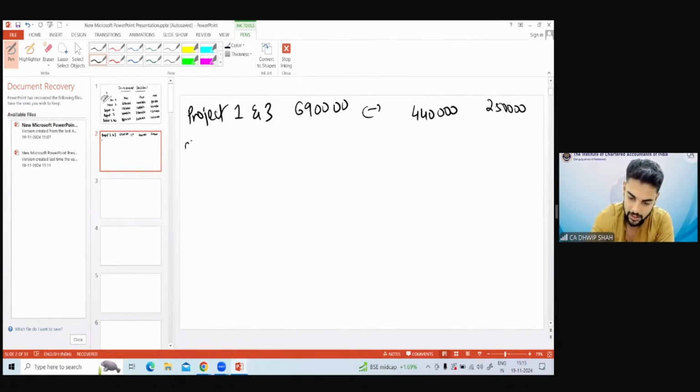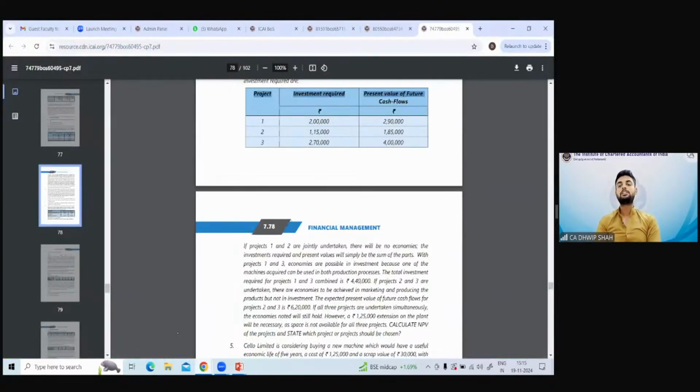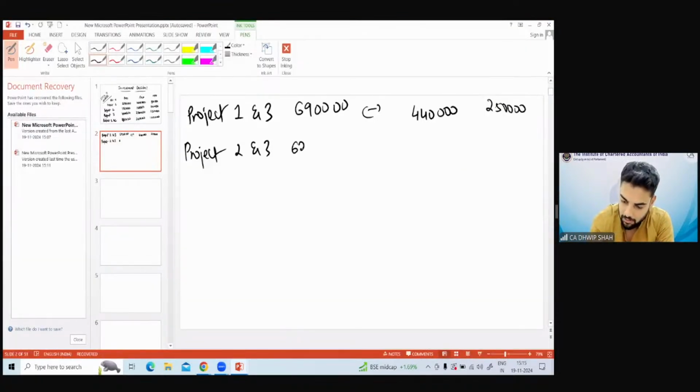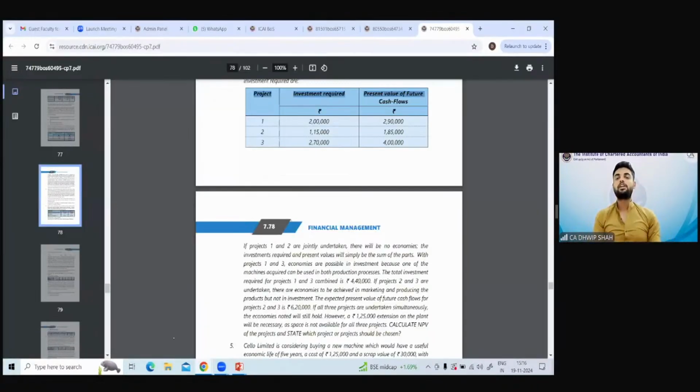Now if project 2 and 3 are taken together, again there are economies, but now there are economies in PVCI. Additional savings is in PVCI when 2 and 3 projects are taken together. So can I say the PVCI is given 620 when project 2 and 3 are taken together? Now they have mentioned nothing about investment.